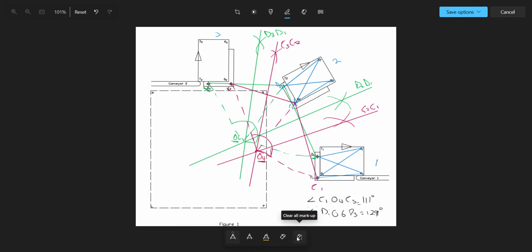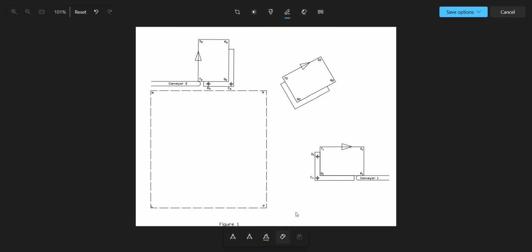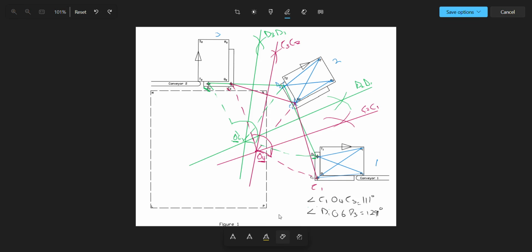I really want to erase these parts. I don't know. So let me see. Just stay there for me. I really want to erase this part.